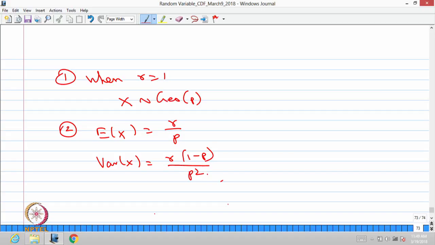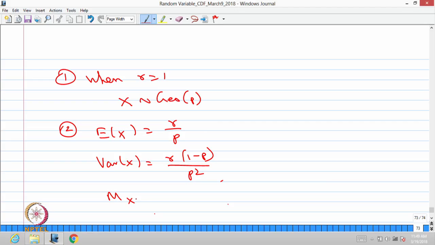You can verify that when you put r equal to 1, it is the same as the geometric distribution. The MGF of negative binomial or Pascal distribution is p times e power t divided by 1 minus p times e power t, whole power r. When r is equal to 1, that is the same as the MGF of the geometric distribution. I am not going for the derivation, but one can derive it and get the same answer.